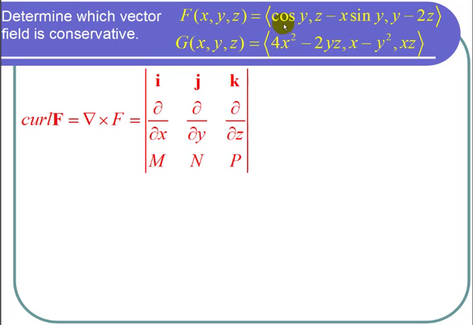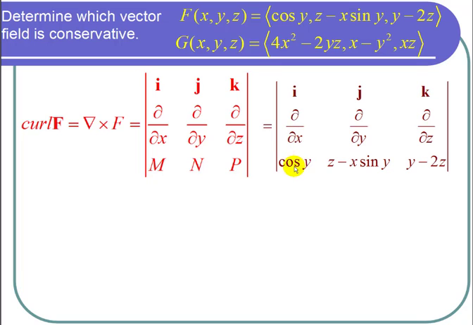So we can substitute in our m, n, and p as cosine of y, z minus x sine of y, and y minus 2z. So now let's take the determinant.